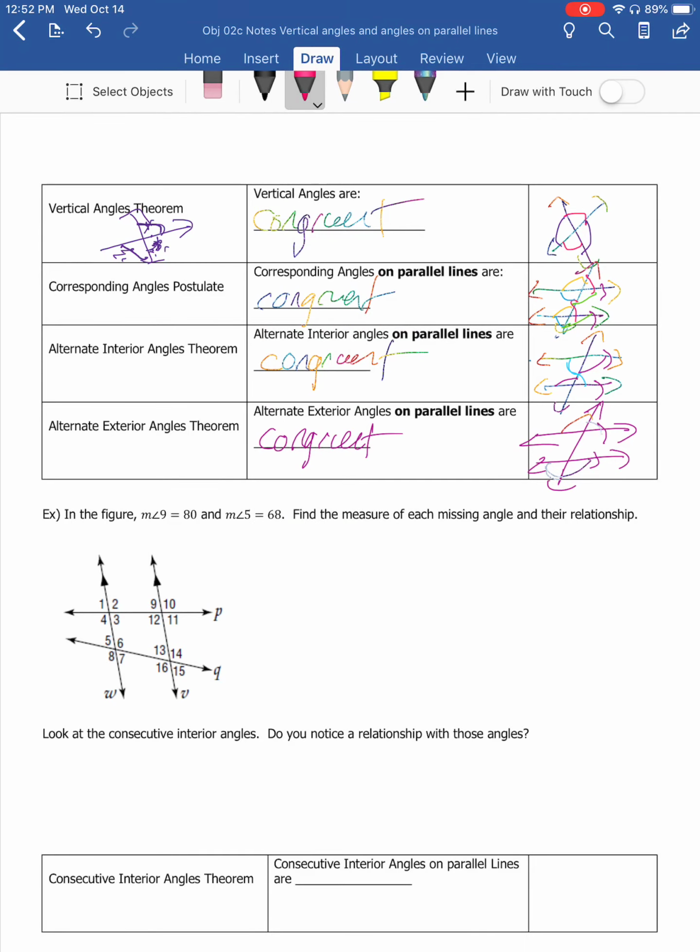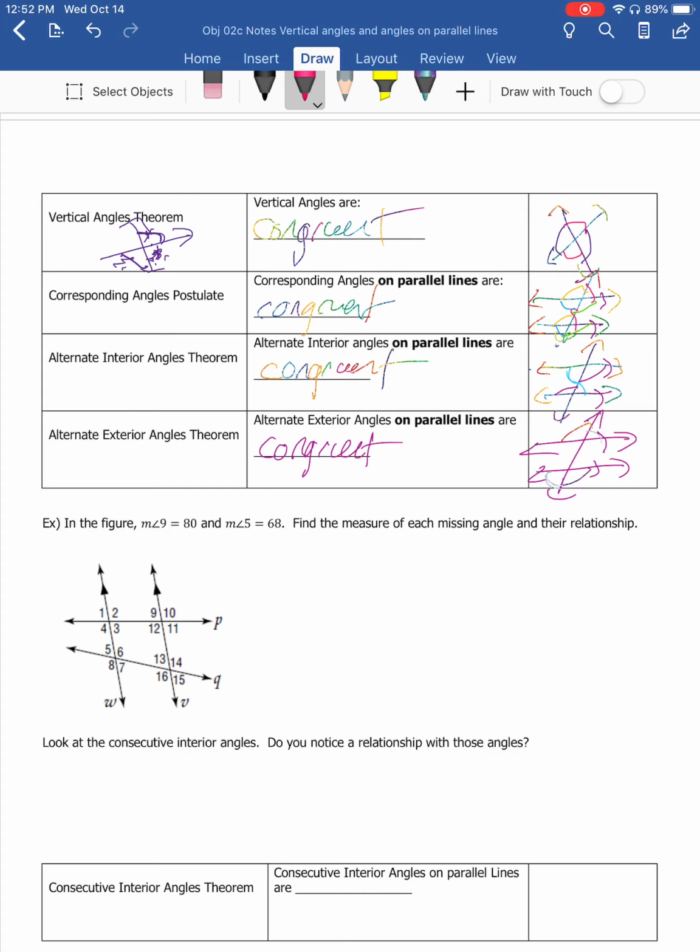So it says right here, the measure of angle 9 is 80 degrees. Okay, knowing that, I know 9 is congruent to 11 because they're vertical. I know that because these two lines are parallel, 9 is congruent to 1 because they're corresponding. I know that 9 is congruent to 3 because those lines are parallel, the alternate interior angles are congruent.